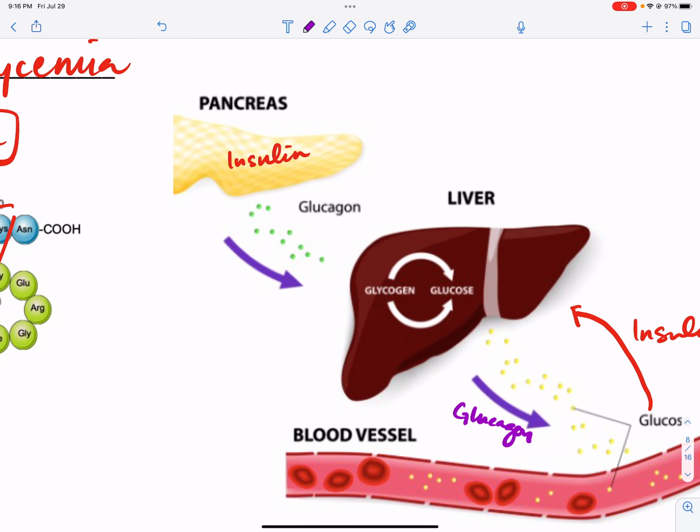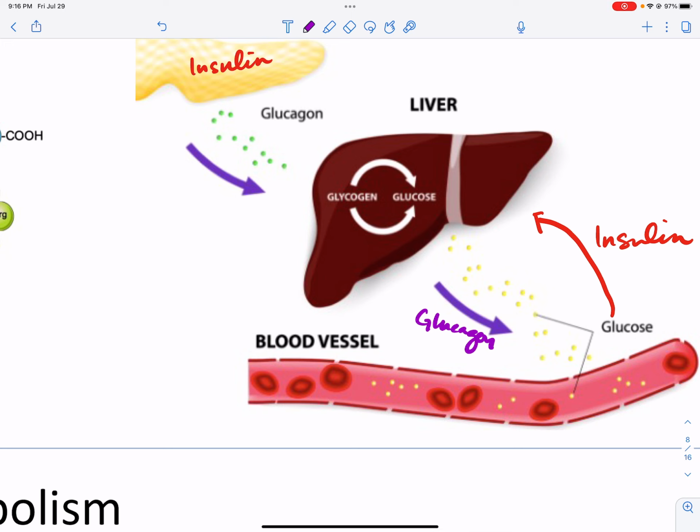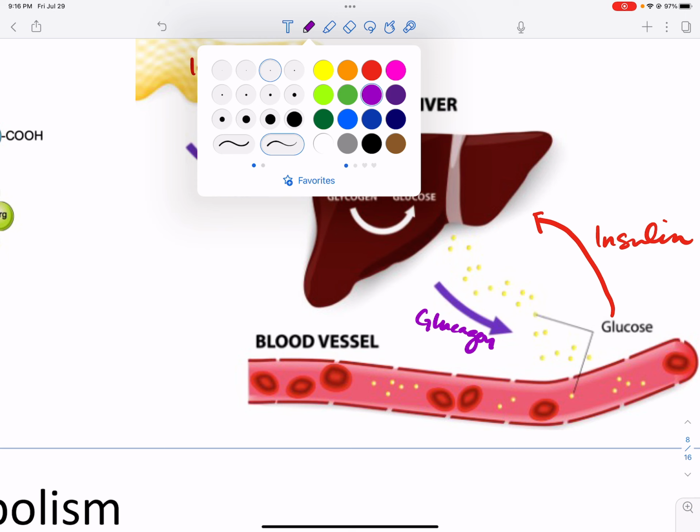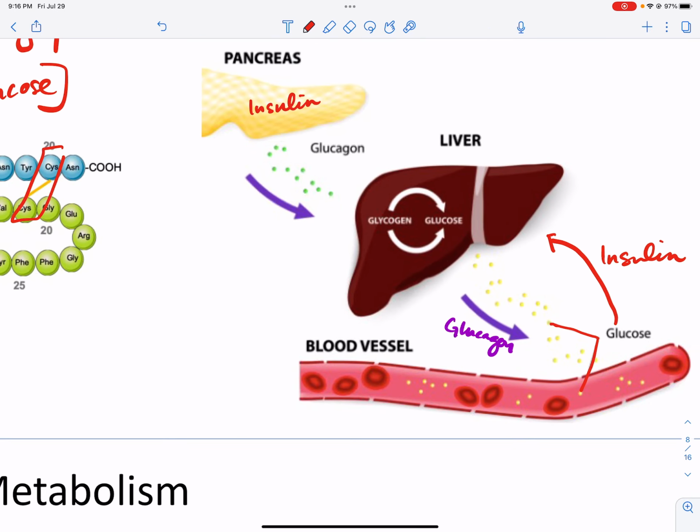Glucose is stored in the form of glycogen in the liver, and then glycogen is converted back into glucose when needed so that it can be dumped back into the bloodstream. You see a picture of a blood vessel down here, and these little yellow dots would be little dots of glucose in the blood or being pulled out of the blood into the liver.